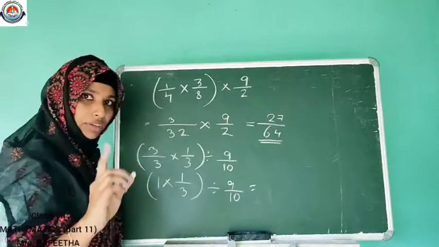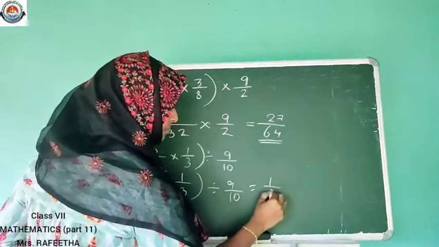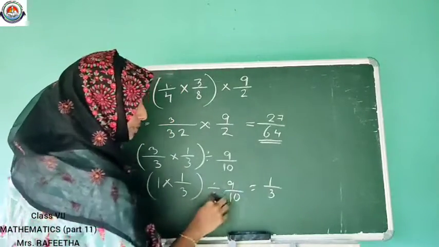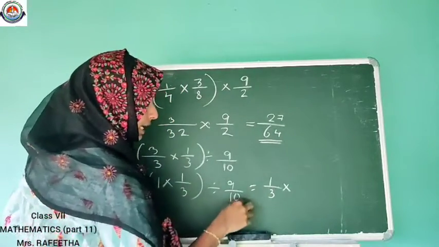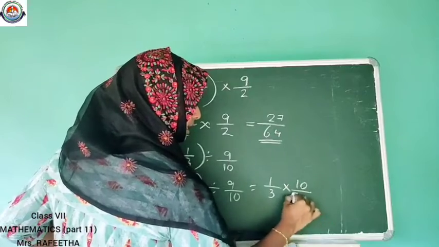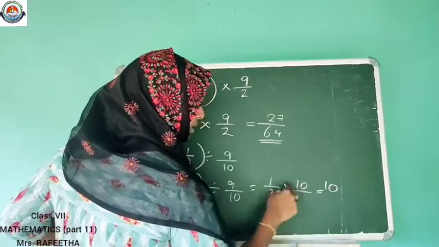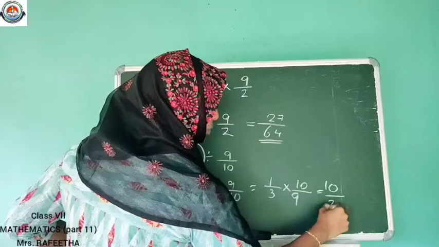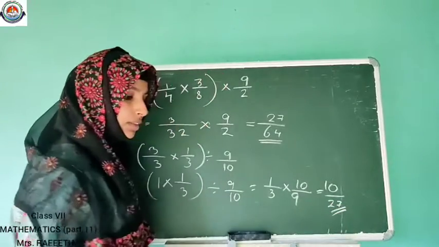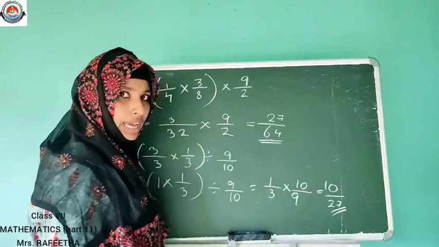Which number we are multiplying with 1? The answer will be that same number. So 1 by 3, instead of division, multiplication. 9 by 10 will be 10 by 9. So the answer will be 10 into 1, 10. 3 nines are 27. 10 by 27 will be the answer.